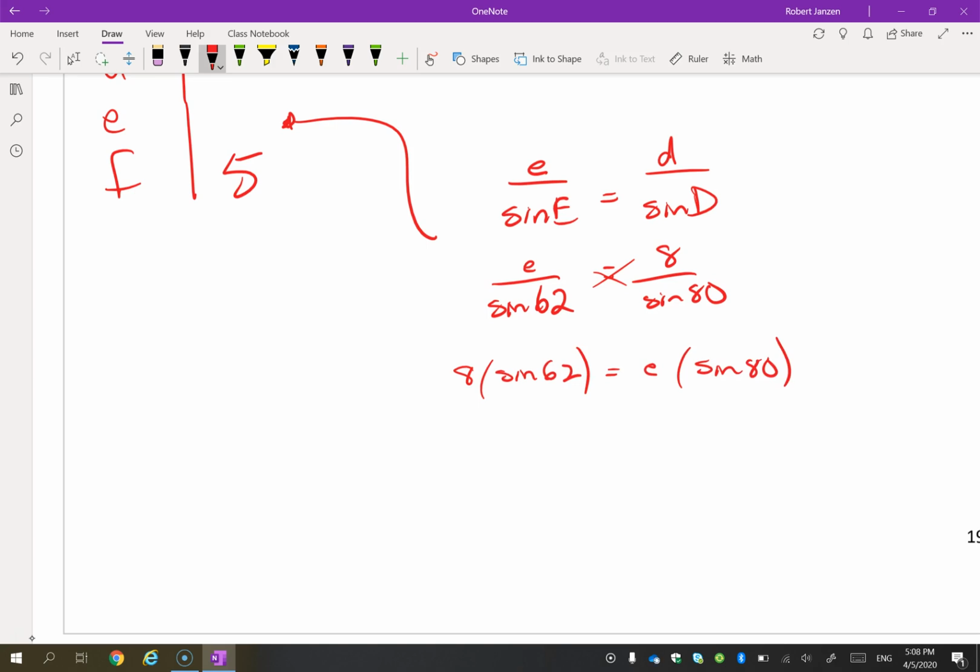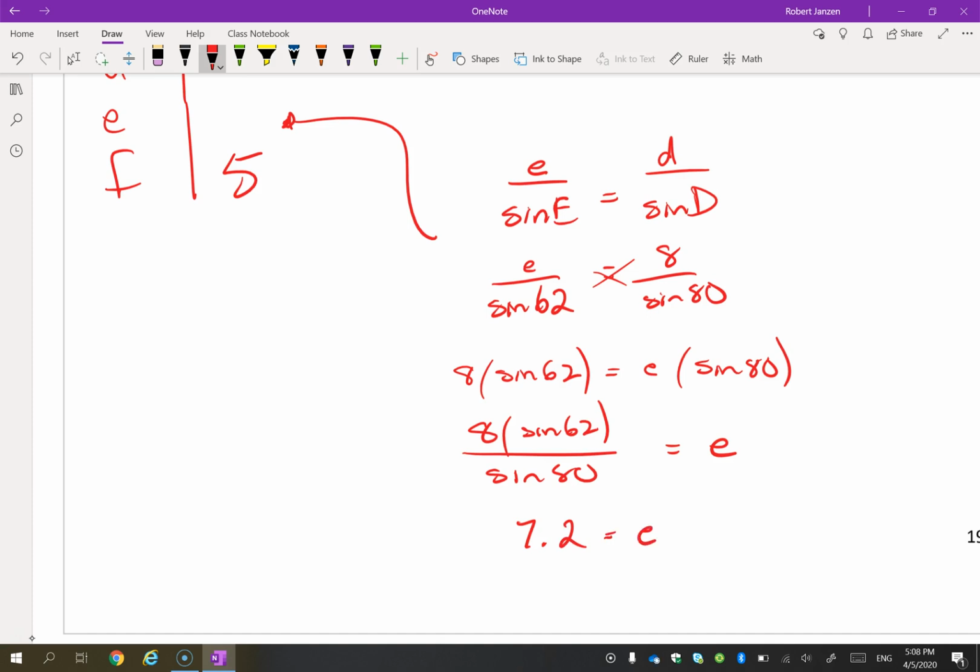And then to get E by itself, you're going to divide by sine of 80. Let's put that all in the calculator. 8 times sine 62 equals, divided by sine of 80 equals. Alright, and so we get 7.2.